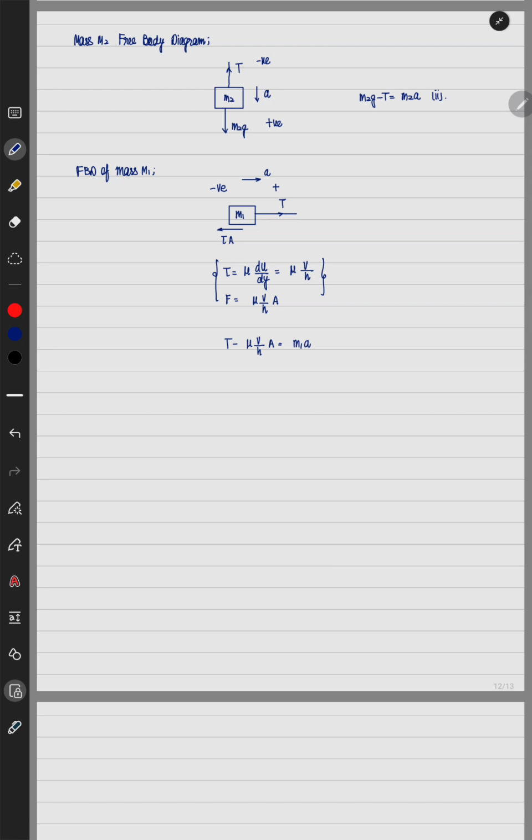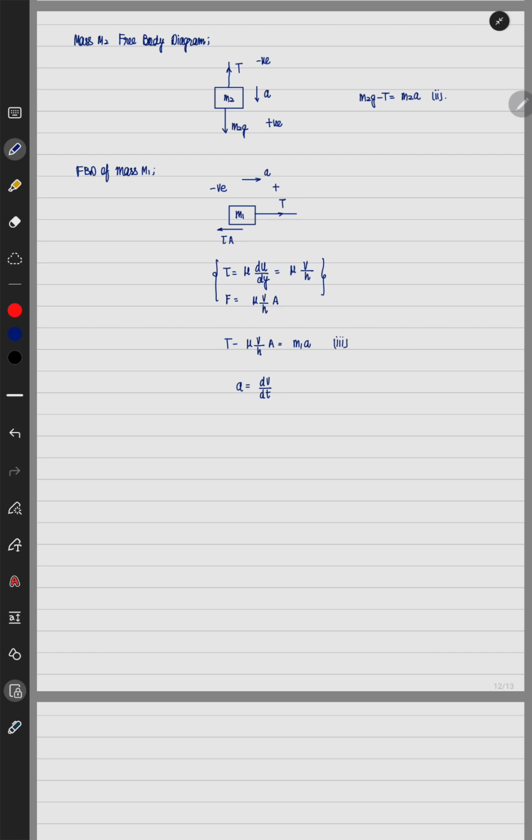I can name this equation 3. And I can write acceleration is equal to dv by dt. Instantaneous acceleration is given by rate of change of velocity as a function of time.